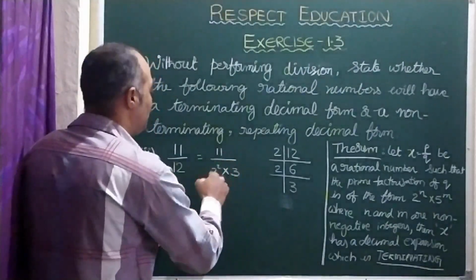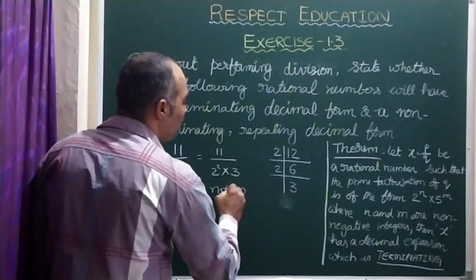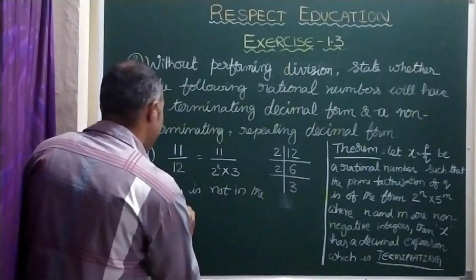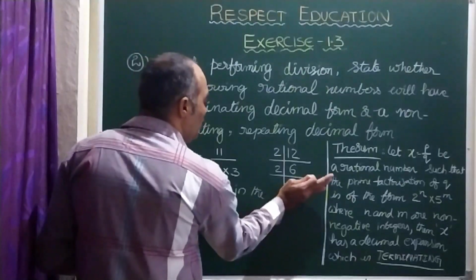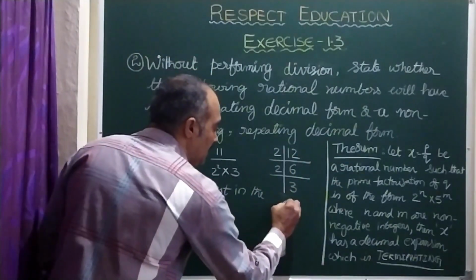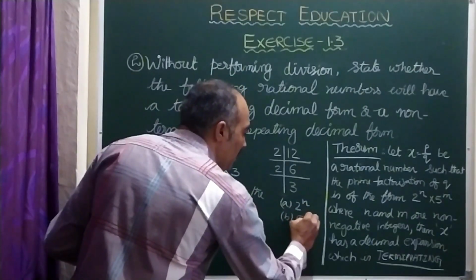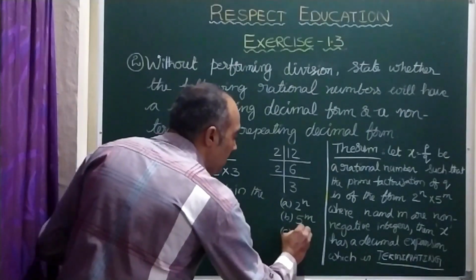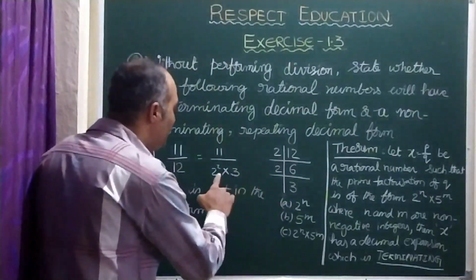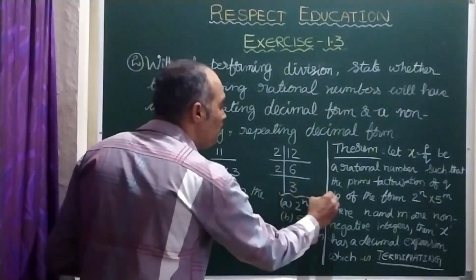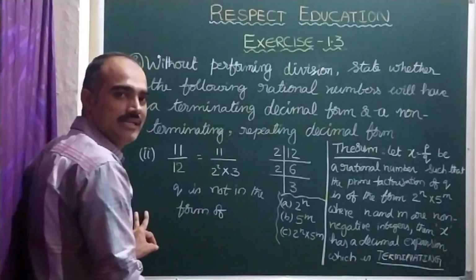So here you observe, children, q is not in the form of... earlier I have told you that to become terminating there are 3 cases, children. It may be of 2 power n, or it may be of 5 power m, or it may be of 2 power n into 5 power m. So it should have only 2, or only 5, or both together, 2 and 5, right? But here you see the combination of 2 and 3 is there.